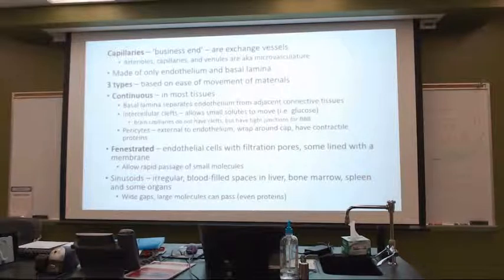The structure that we have with this endothelium and the basal lamina means material is going to get to move out of those capillaries into my extracellular fluid, and then wastes that are in my extracellular fluid get to move into the venous side.